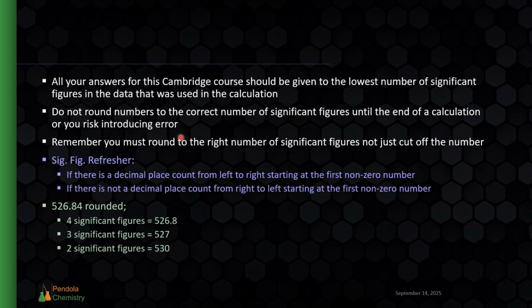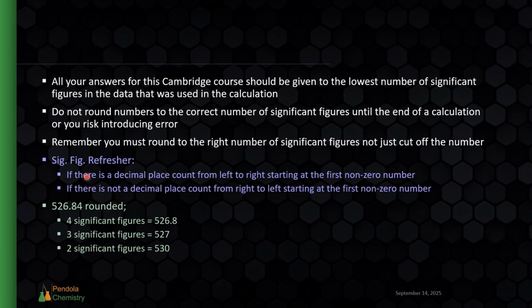Every time that you round, you introduce error into your work. By the end, that error accumulates and may give you the wrong answer. Remember that you must round to the right number of significant figures, not just cut off the number. So if that last digit needs to be rounded up, you should be rounding it up.